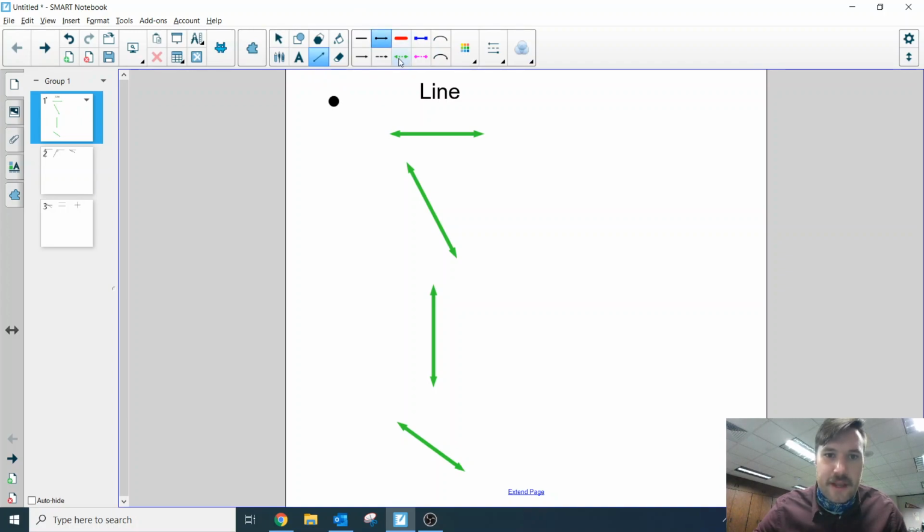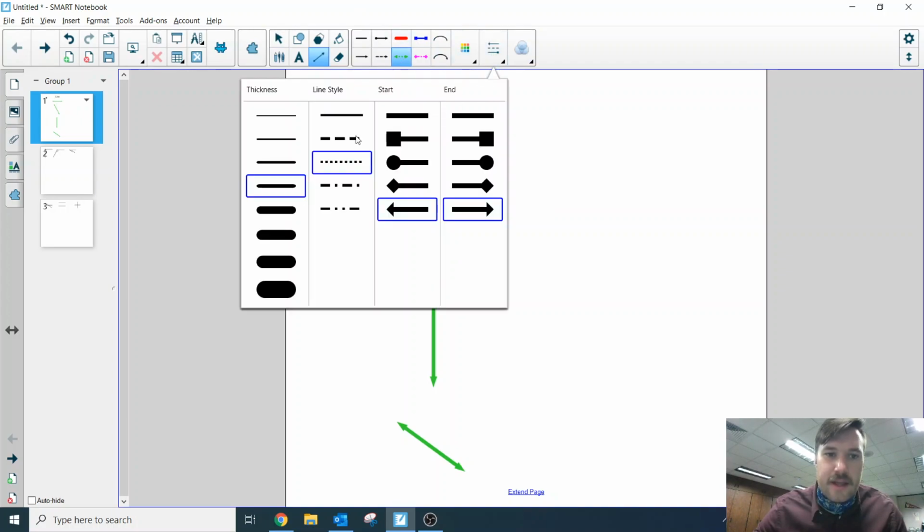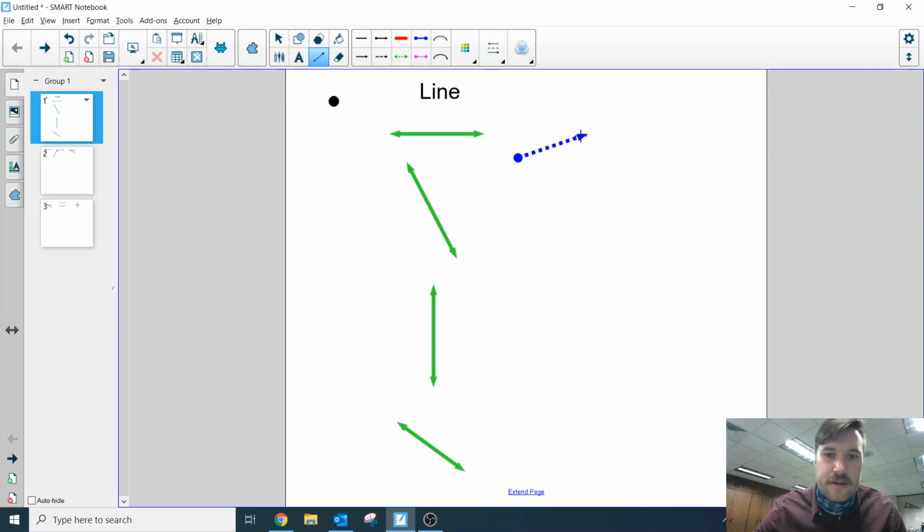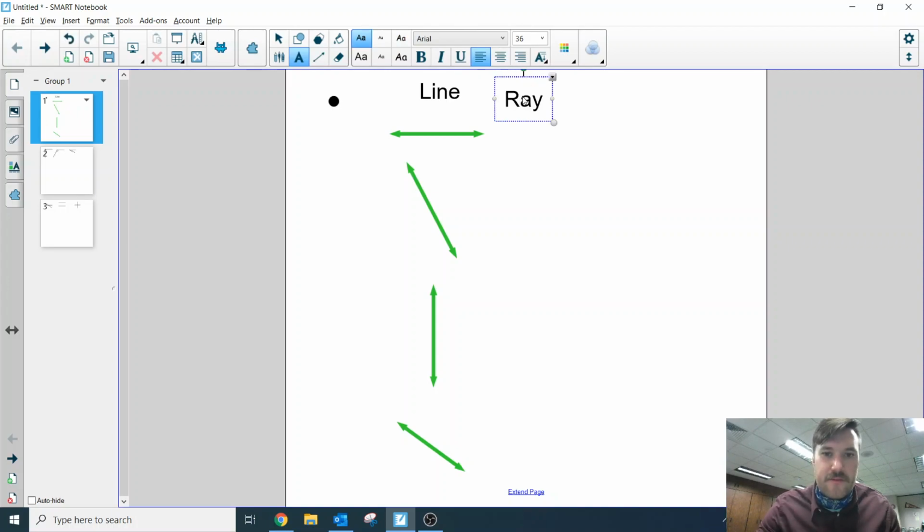Now, we also have something else called a ray, okay? So a ray looks like this. Oops, not like that. Let me change that. All right, so the next thing we have is a line, and then we have a ray.